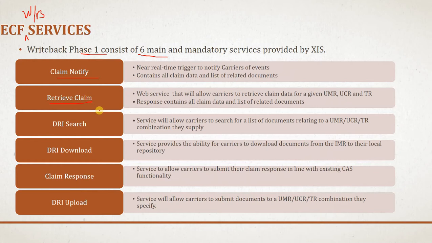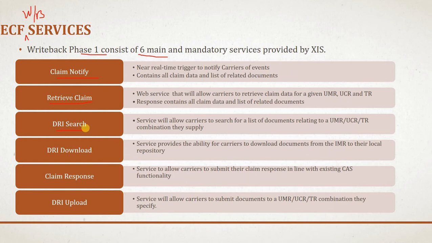Then you have a service which will help you retrieve the claim from the ECF system, a web service that allows the carrier to retrieve the claim data from the given UMR, UCR and TR. When you get the response back, it contains all the claim data and the list of related claim documents.